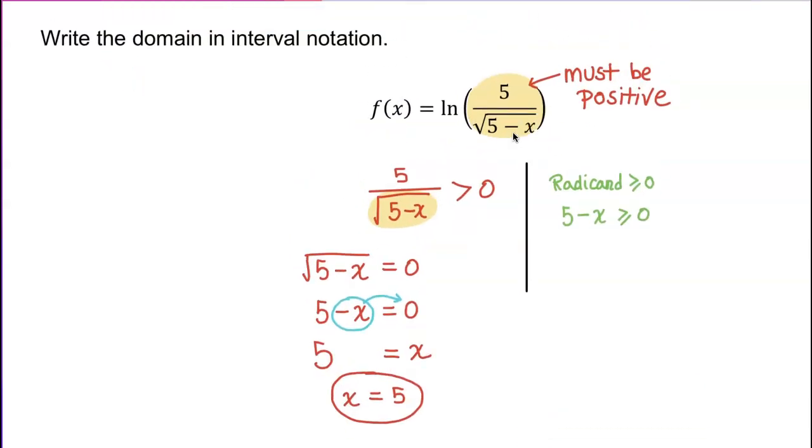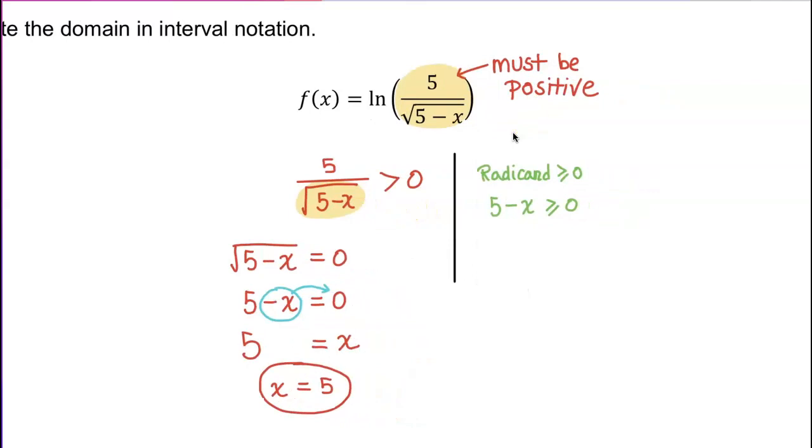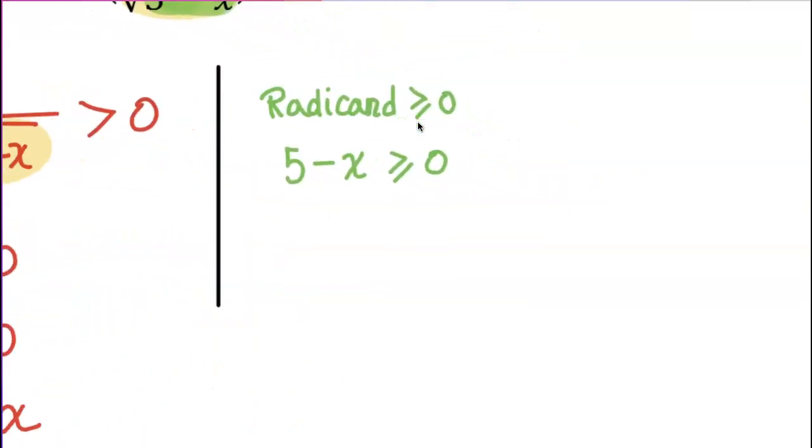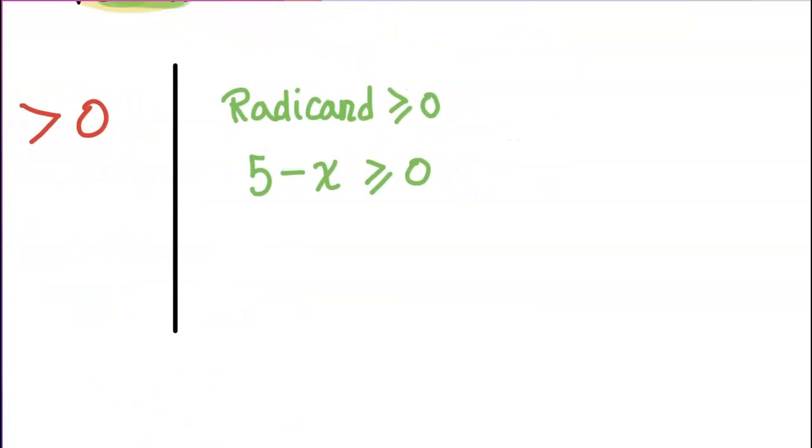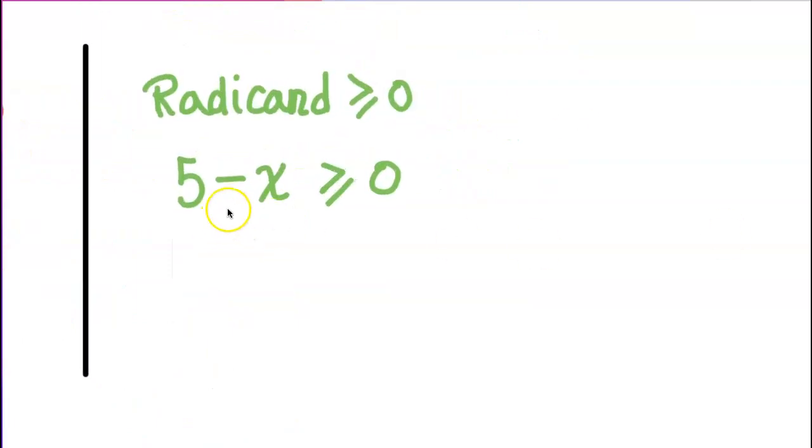But there is one more condition to satisfy here, right? Remember that square root expression, how whatever is underneath square root must be greater than or equal to 0. So here's that second branch of work that we must continue now. So we said 5 minus x must be greater than or equal to 0.